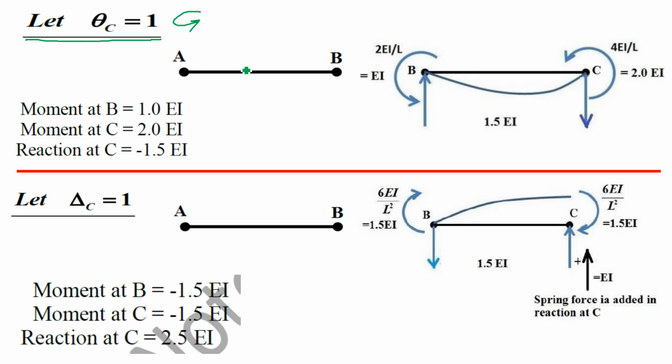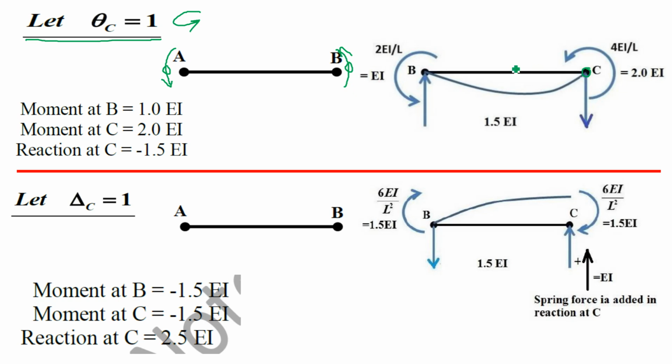In the previous figure, B was a common joint to the AB and BA members, so when you rotate joint B, both the members deflect. But in this case, since we are rotating joint C, its effect will be only on the BC member. So moments in the AB member are 0.